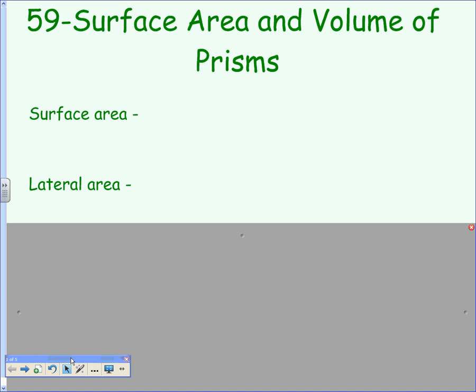The lateral area is the sum of the areas of the lateral faces of a prism or pyramid.